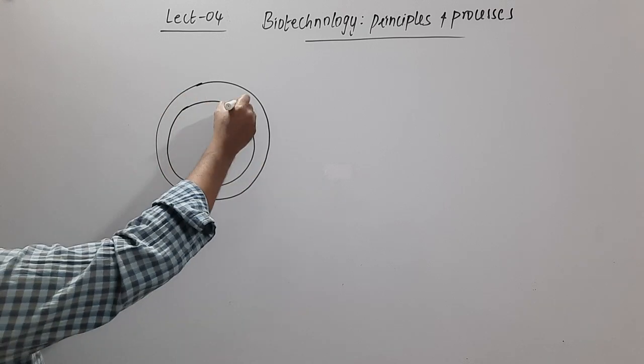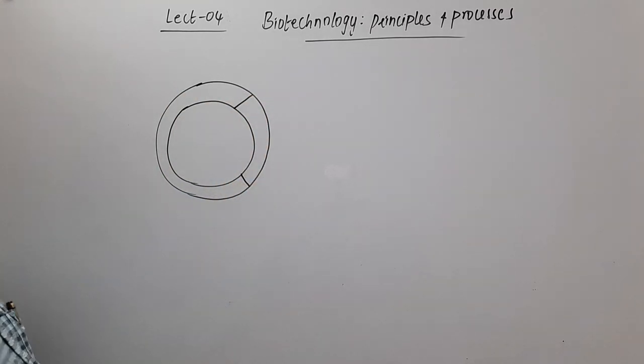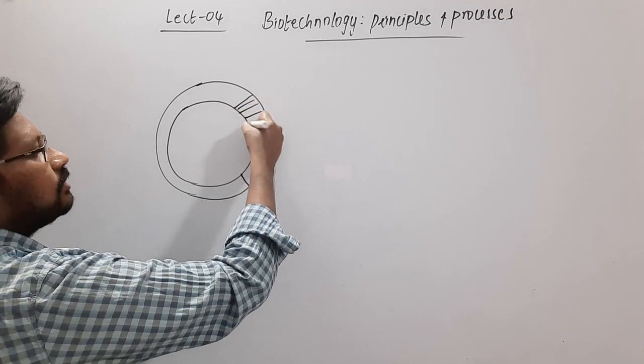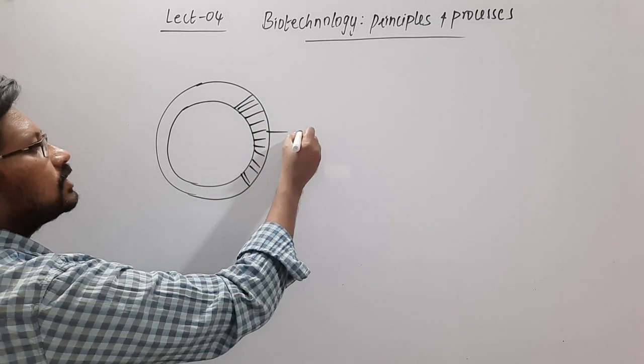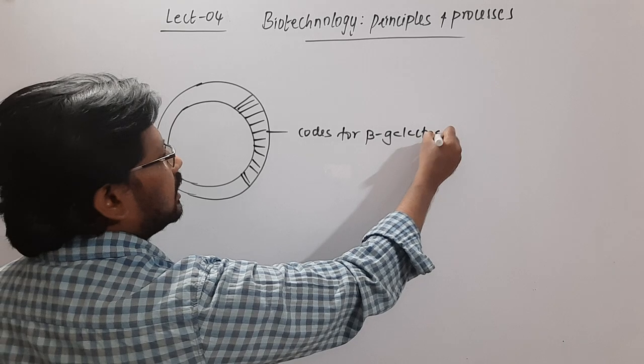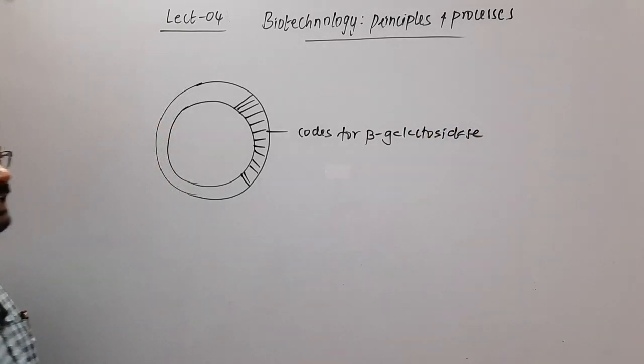So let's see. They have taken a plasmid in which there is a sequence that codes for an enzyme called beta galactosidase. Say this is the region of that plasmid that codes for beta galactosidase. This enzyme will help as a selectable marker, and will help in identifying the recombinant and non-recombinant.